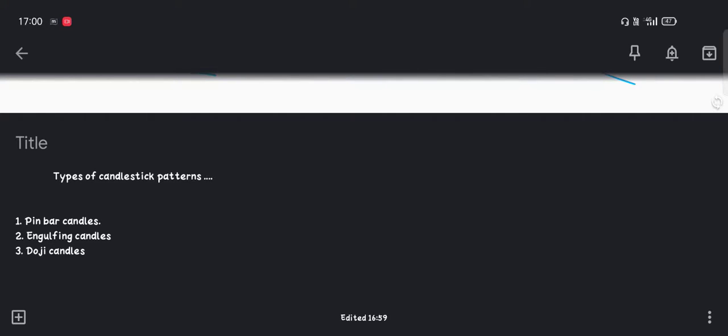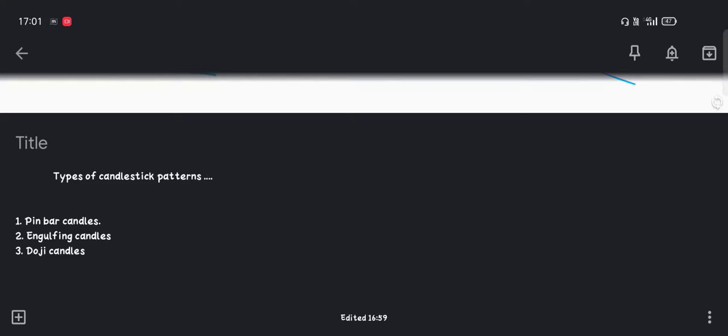You will see a number of candlestick pattern names in different authors' books and different authors' YouTube channels. In my opinion, all those kinds of candles come under these 3 kinds of candles.